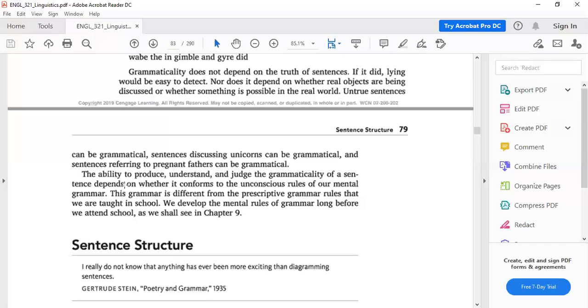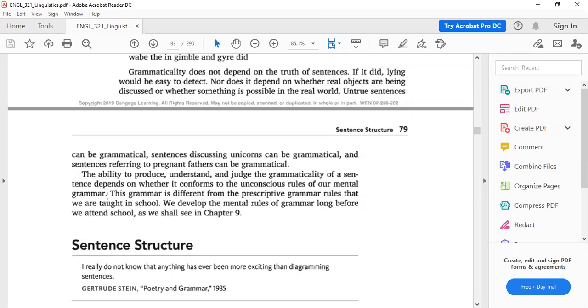It depends on whether it conforms to the unconscious rules of our mental grammar that we have in our minds as native speakers of that language.